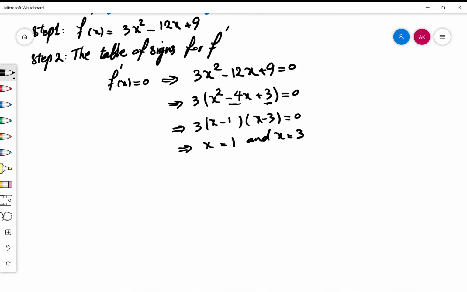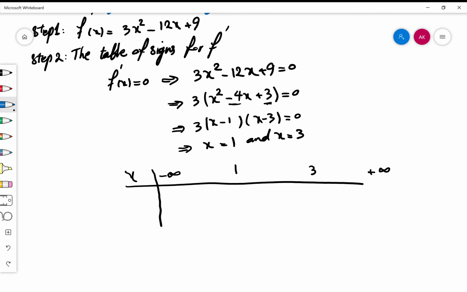Well, let's then start drawing the table for this function. It goes from -infinity up to 1, then 3, and then plus infinity. You have to remember to put the zeros of f prime in increasing order.